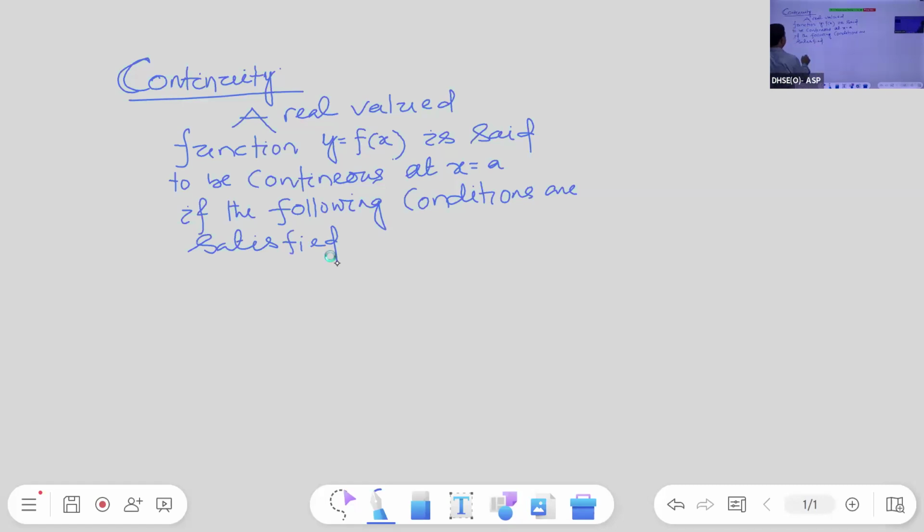The first condition is the limit as x tends to a plus of f of x exists. The limit as x tends to a plus of f of x is your right hand limit. So RHL exists.